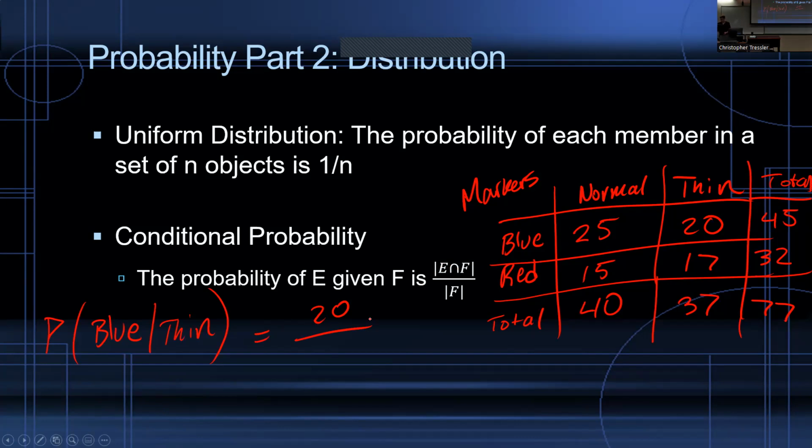So if we go to thin, we go to the total column, we get 20 over 37, which, if I do the math real quick, the probability would be 0.54, which is equal to about 54%.